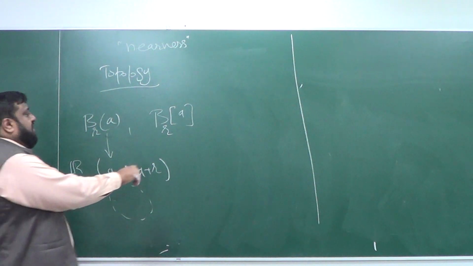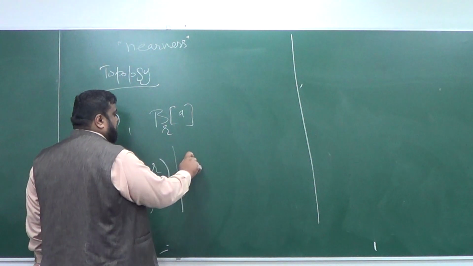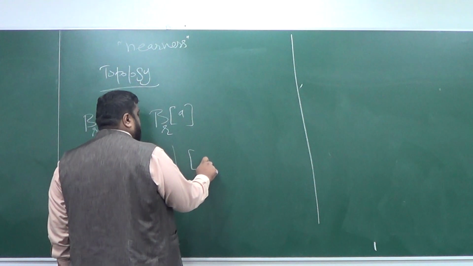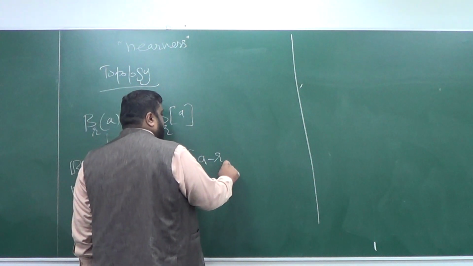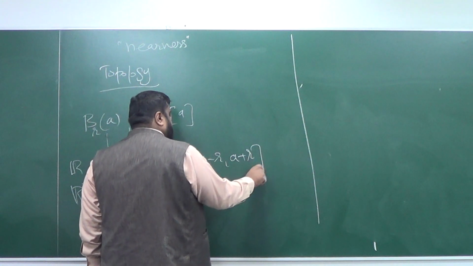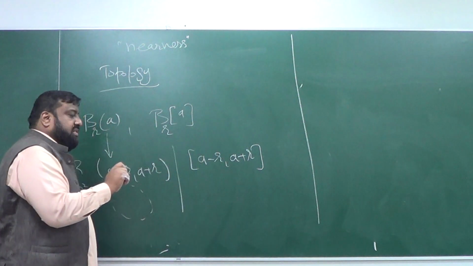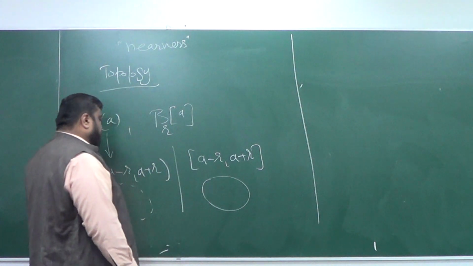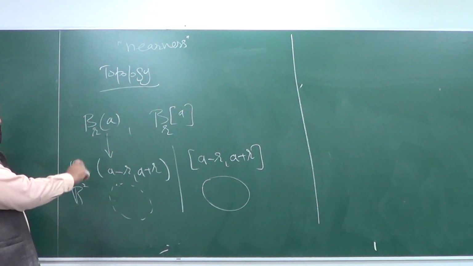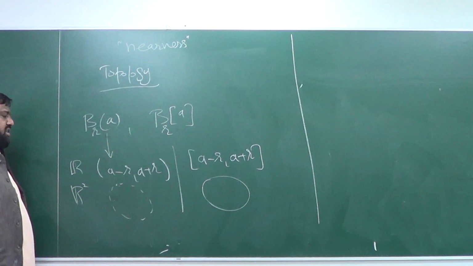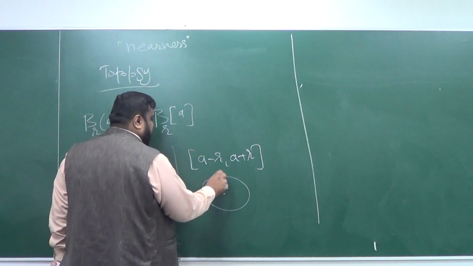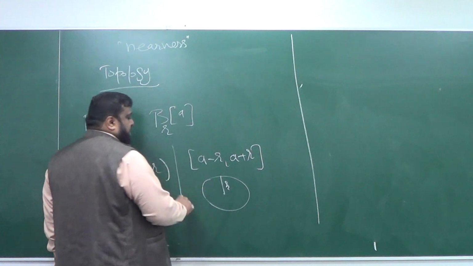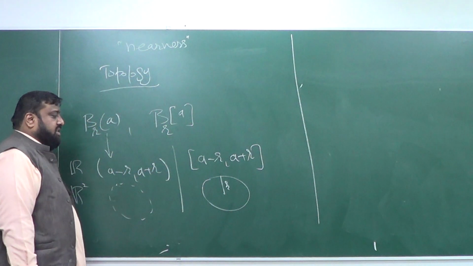And in R, the closed ball is going to be an interval A minus R to A plus R, but including boundary, and in R2 this is going to be a disk centered at A with the radius R, including boundary.